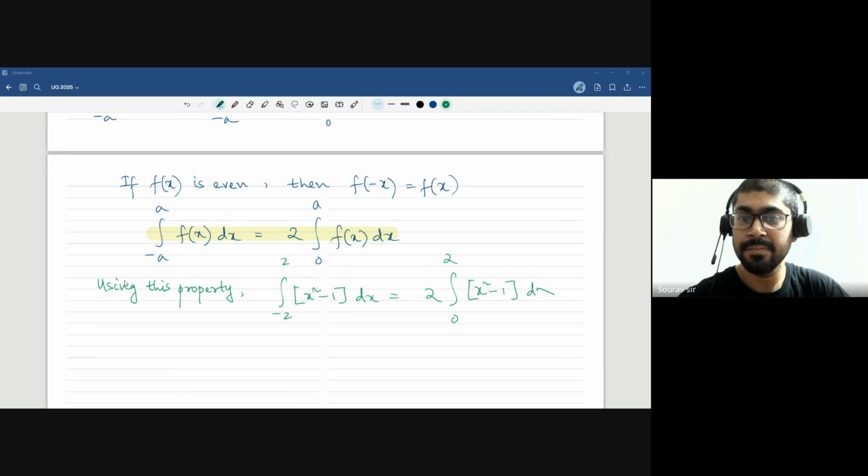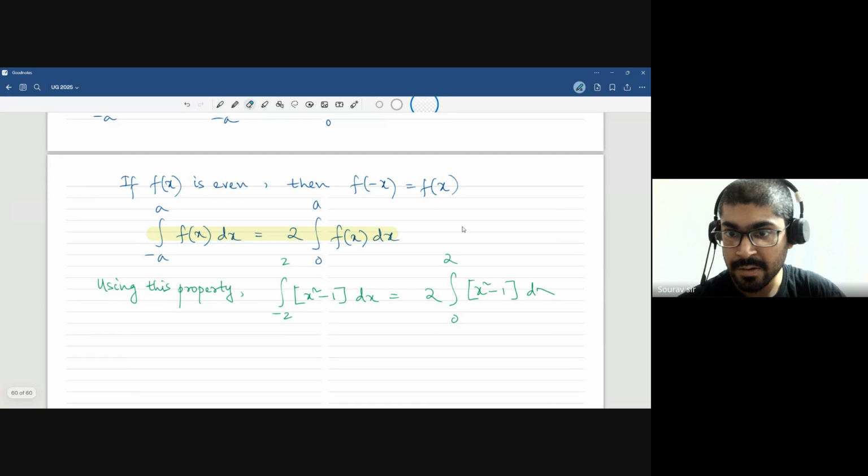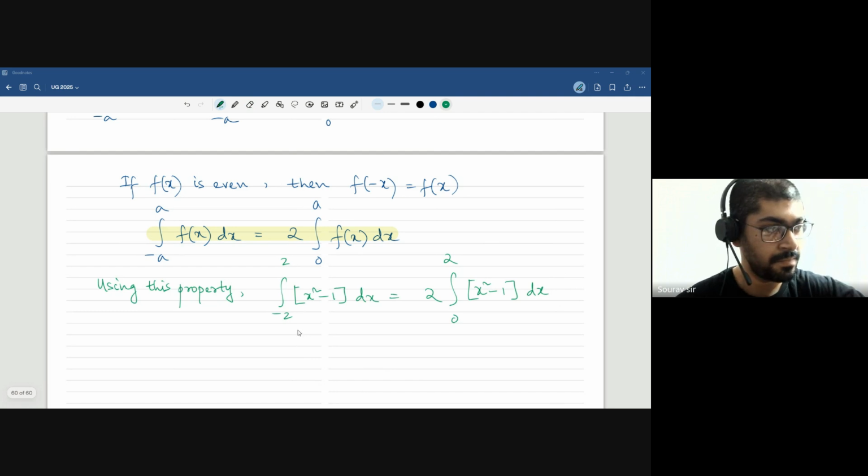Do it. What is that? Yes, so what will be the breakpoints here?